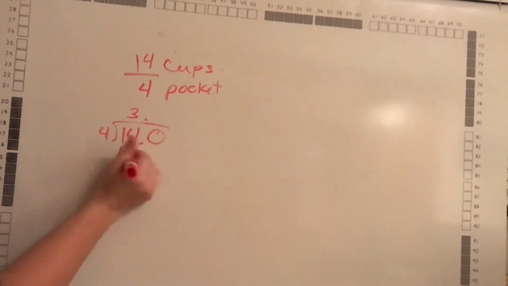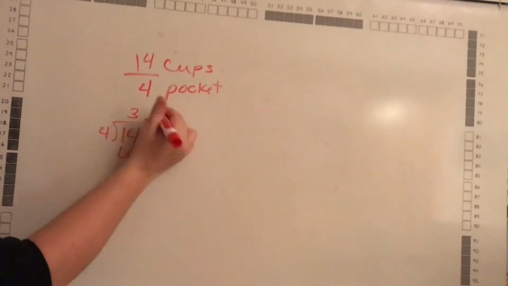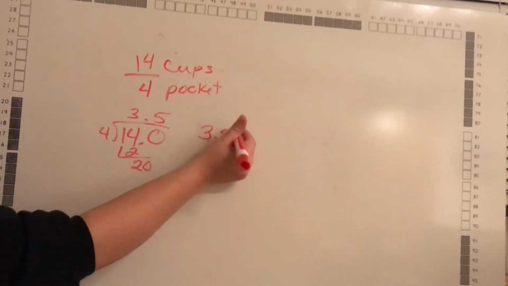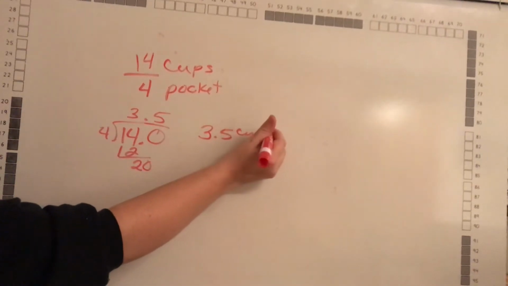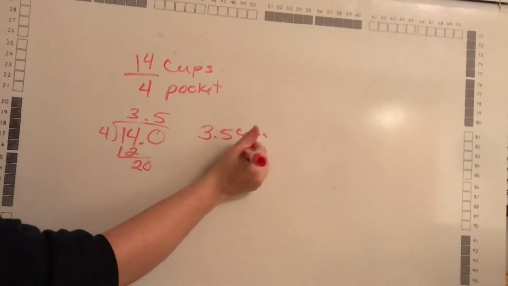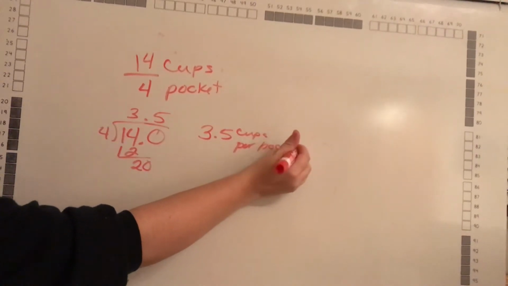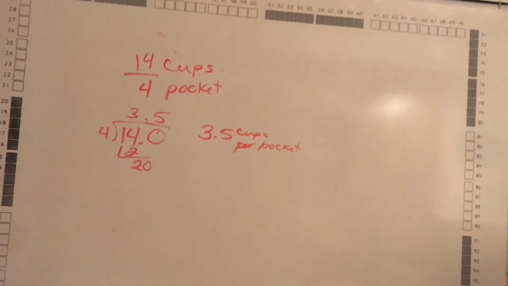That gives us 12, and then 20, and 5. So he's going to need 3.5 cups per pocket. Okay, 3.5 cups of broccoli per 1 pizza pocket, or cups per pocket.